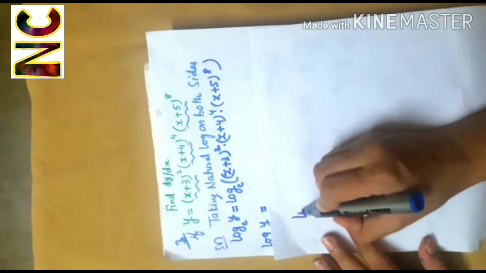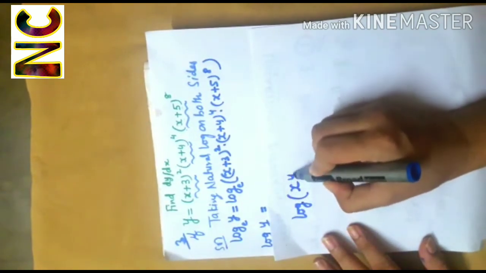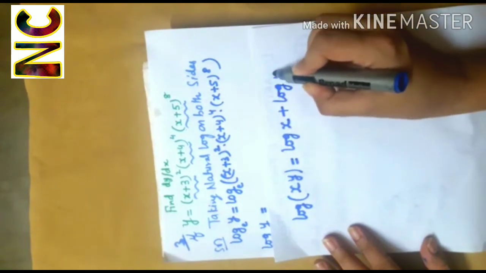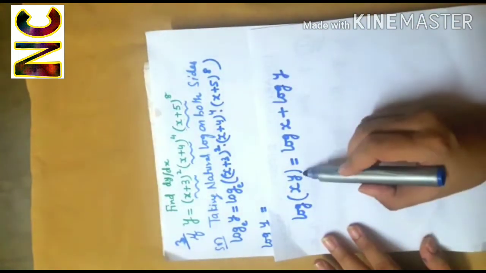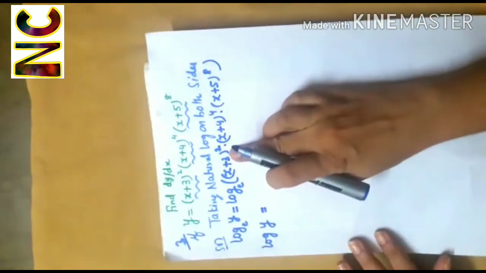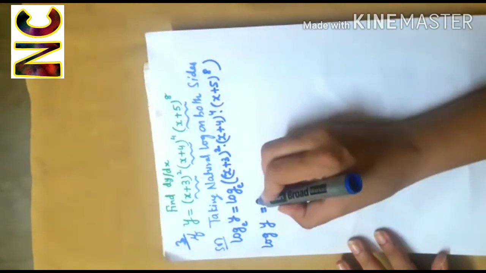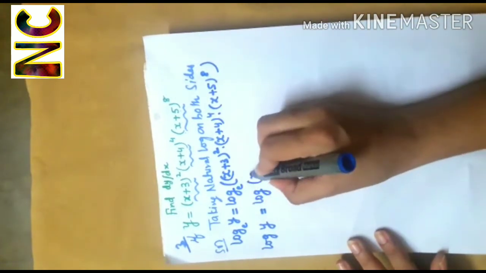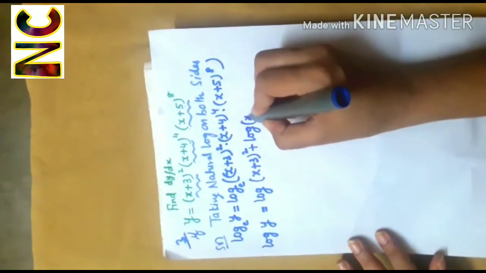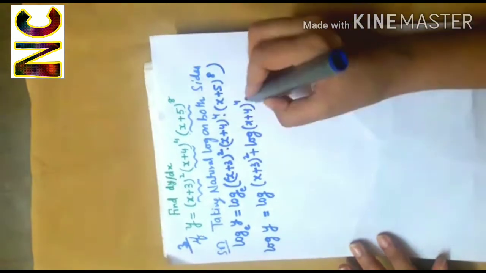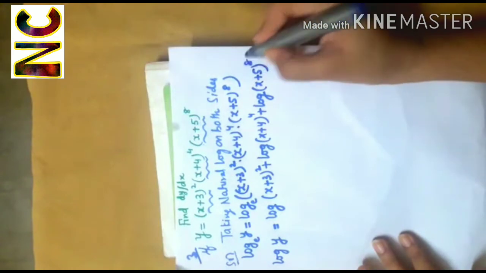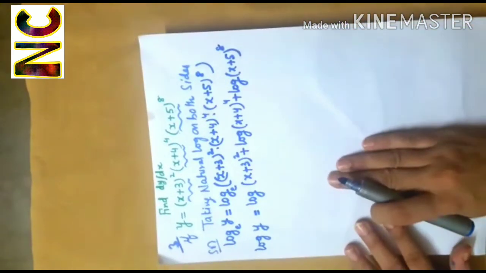In class 11th, we learned that log xy is equal to log x plus log y. So using this property, I'll get log of this into this will be equal to log x plus 3 whole square plus log x plus 4 raised to the power 4 plus log x plus 5 raised to the power 8, right?